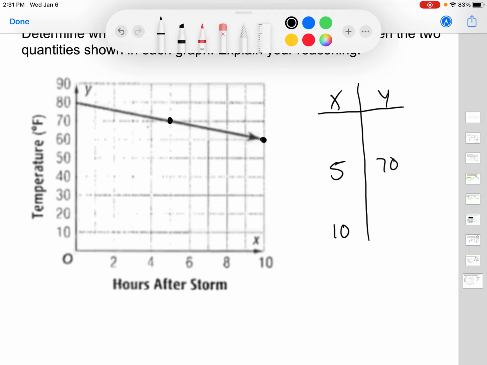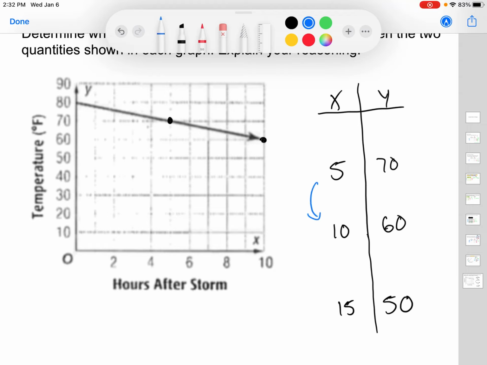When it's 10, my y value is 60. And I know when it's 15, now let's make it a little bit bigger here, 15, it'll be 50.